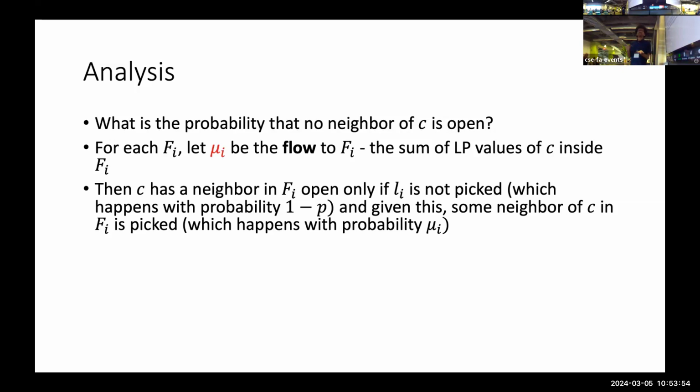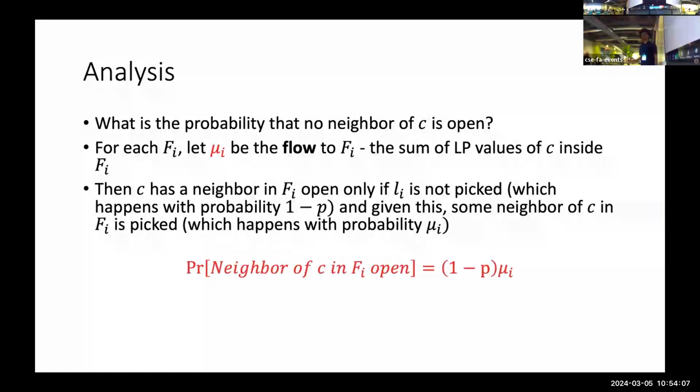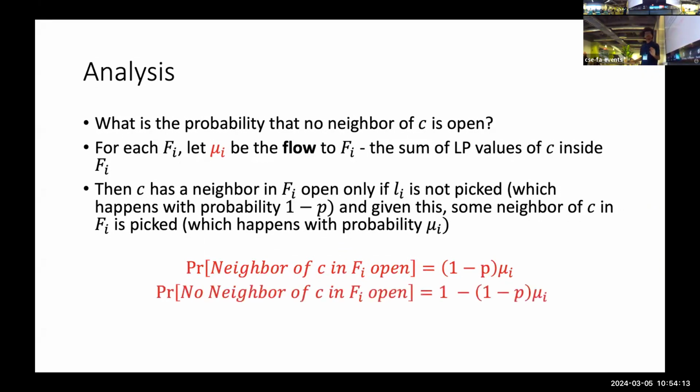It's open only if Li is not big, so the leader should not be big, and given that, some neighbor of it should be big, which happens with probability mu i. So the probability that some neighbor in Fi for C is open is exactly 1 minus P times mu i. So the probability that no neighbor of C in Fi is open is this 1 minus P times mu i.